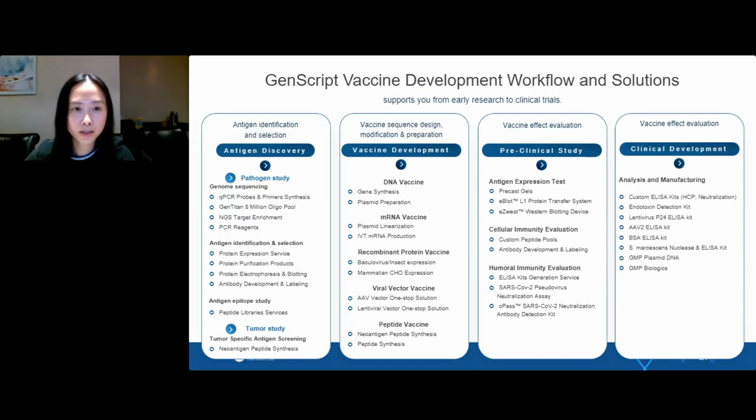And also for some vaccines, you should test the antigen. We have a total solution from precast gels to a protein transfer system, which is called eBlot, and also an automatic Western blotting device called EasyBlot.